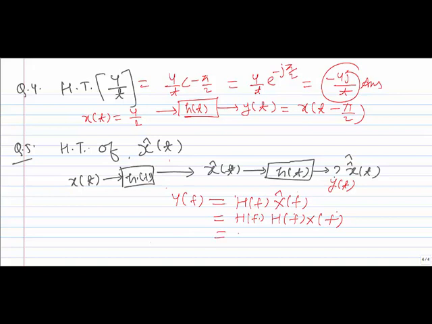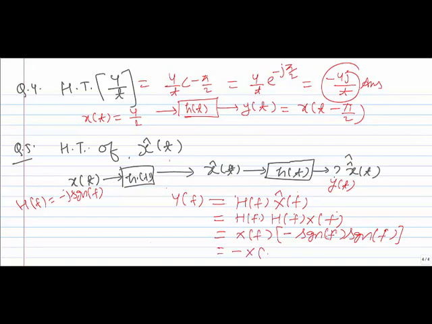So it will be X(f), H(f) is minus j signum f, so on multiplying minus j with minus j, it will be minus, right? Also when we multiply signum f with signum f, it will be plus 1, right?